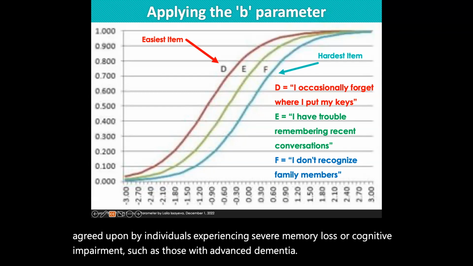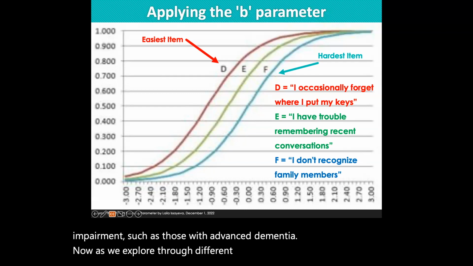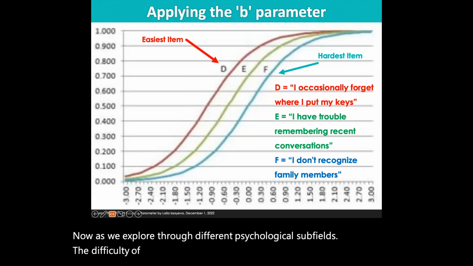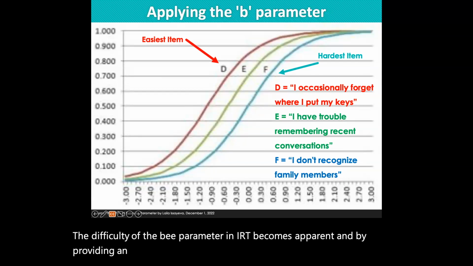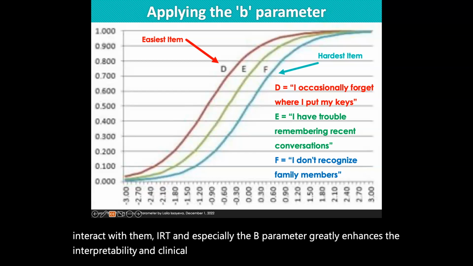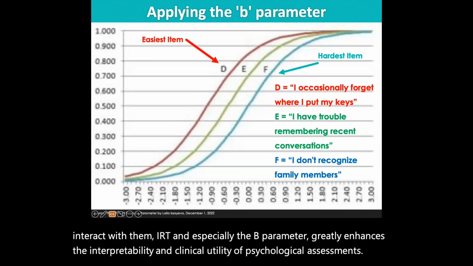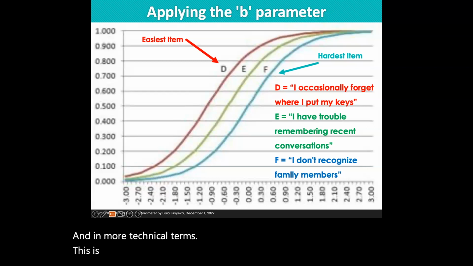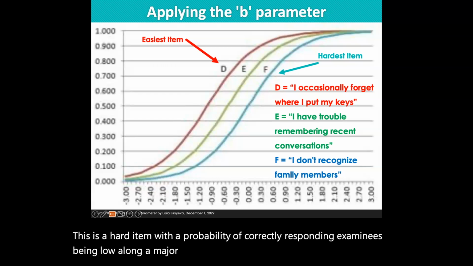Now, as we explore through different psychological subfields, the importance of the B parameter in IRT becomes apparent. By providing a nuanced understanding of test items and how individuals interact with them, IRT, and especially the B parameter, greatly enhances the interpretability and clinical utility of psychological assessments. And in more technical terms, this is a hard item with a probability of correctly responding examinees being low along a majority of the ability scale.